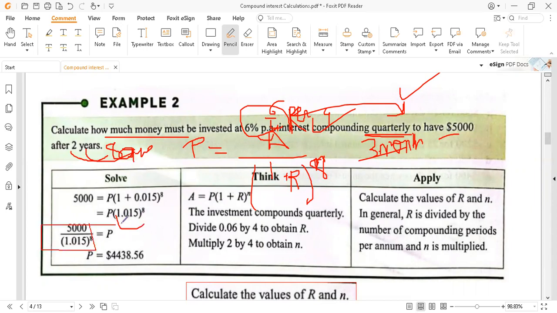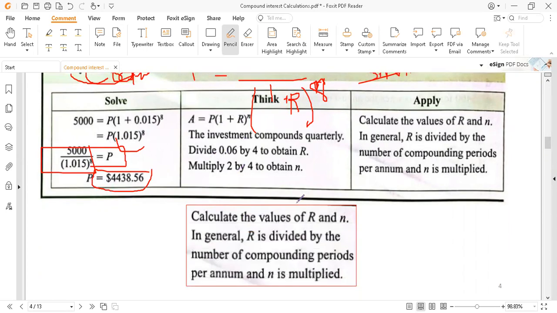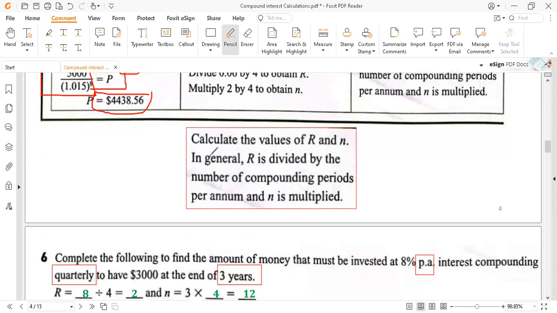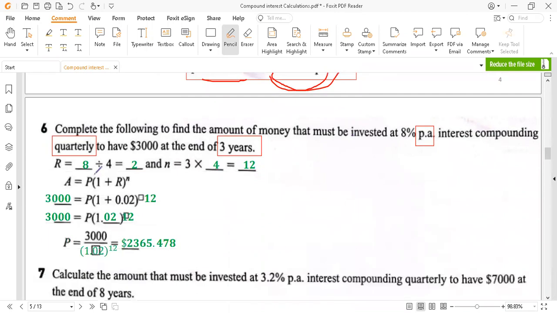Then we use the formula to obtain the principal, which should be $4,438.56. So to calculate the values of big R and n: in general, R is divided by the number of compounding periods per annum, and n is multiplied. n is multiplied, big R is divided. That is what we did before.